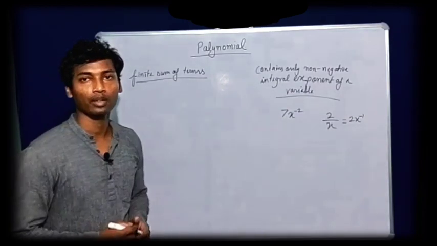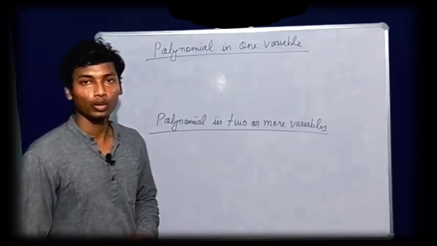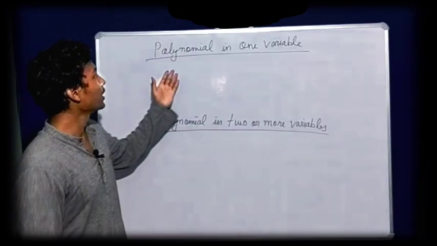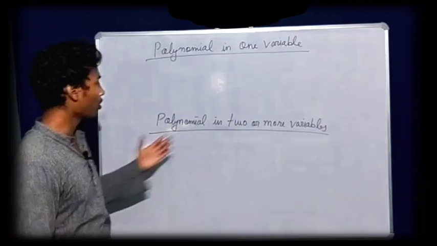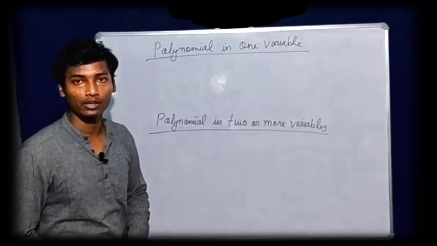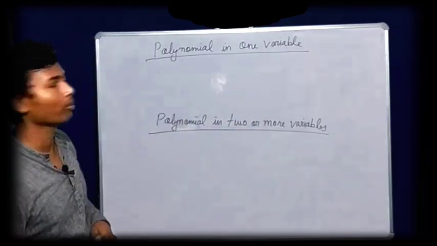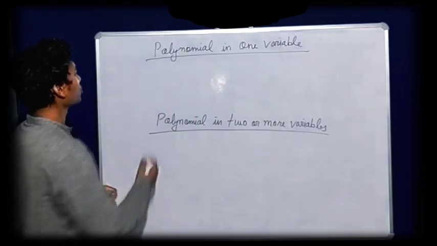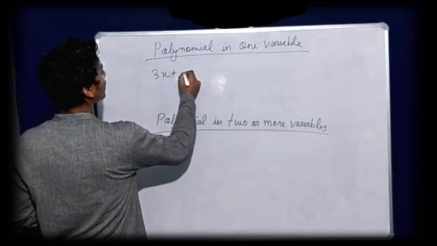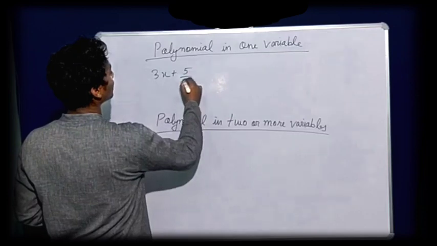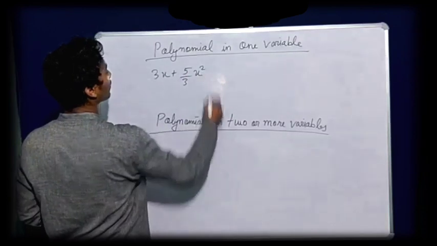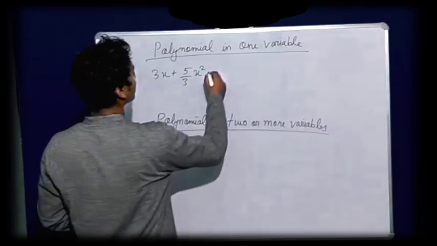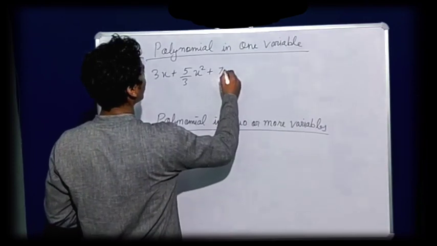Now let's look at some of the polynomials. So we can have polynomials in one variable or polynomials in two or more variables. Let's look at an example for a polynomial in one variable. So if I say 3x plus 5 by 3 x square plus 7x.